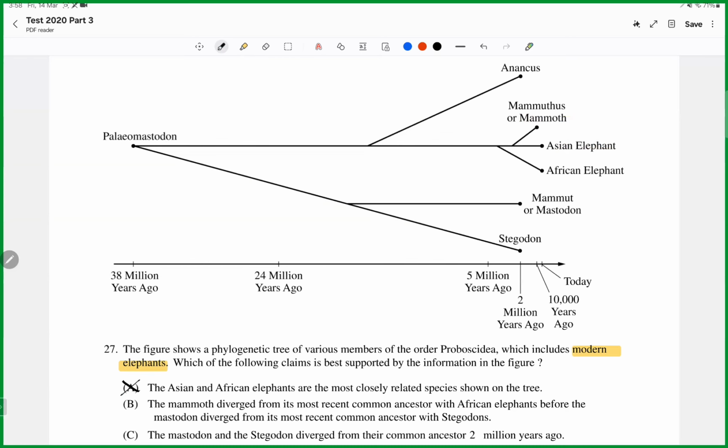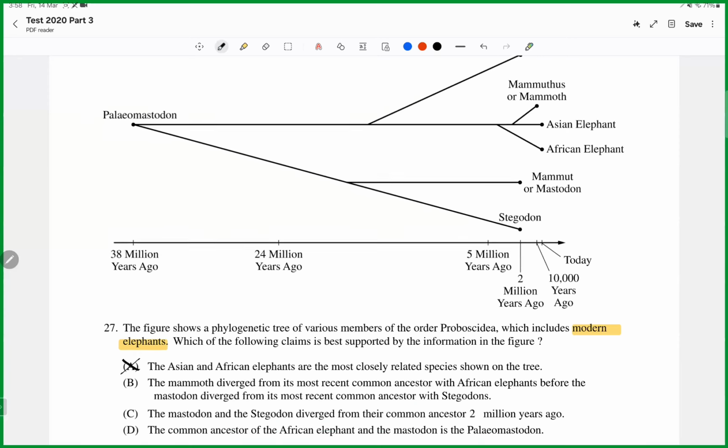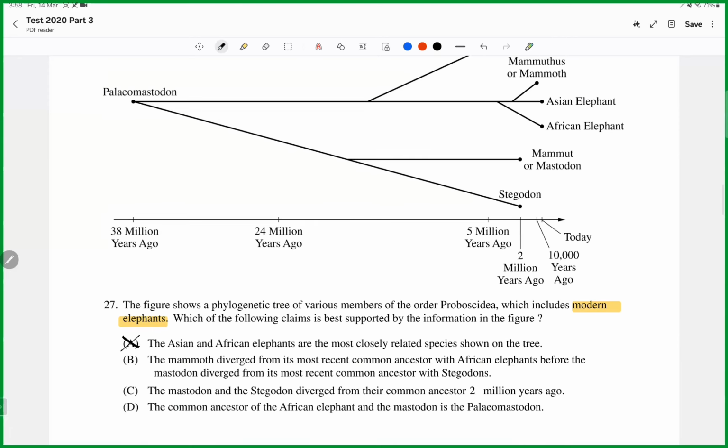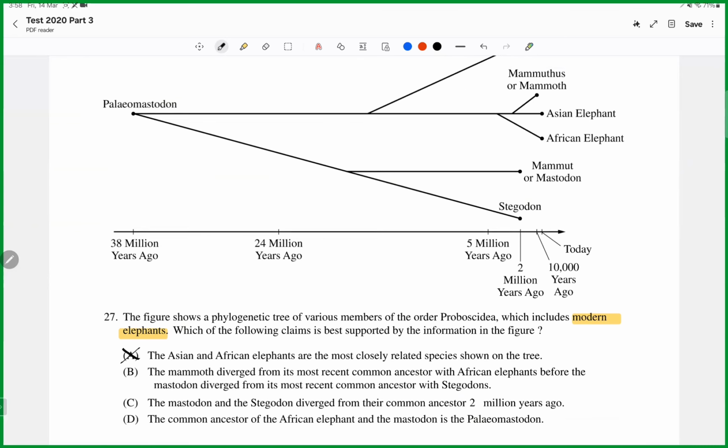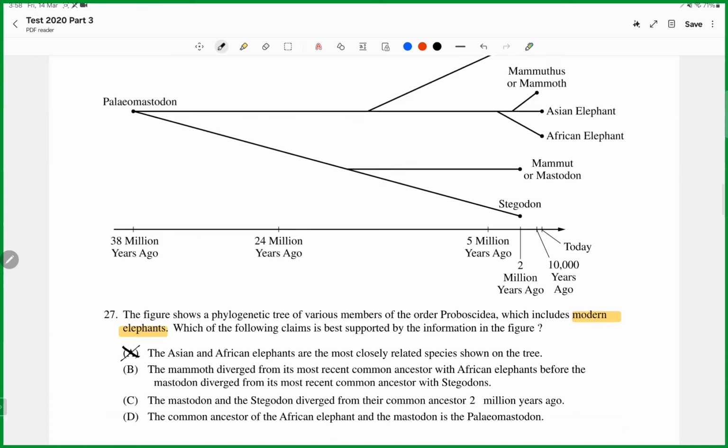The mammoth diverged from its most recent common ancestor with African elephants before the mastodon diverged. I should read the names. The scientist who finds it can name them anything they want, as a reward.